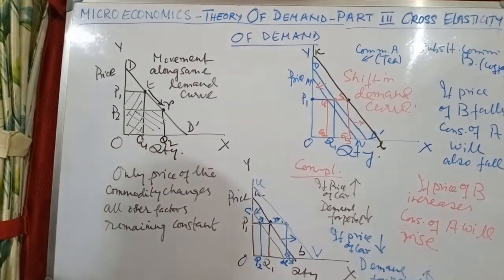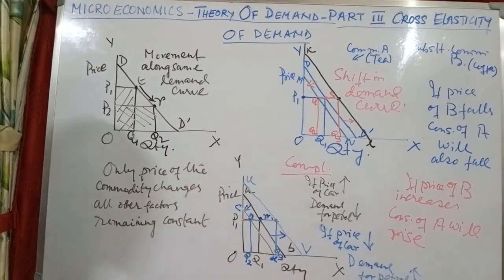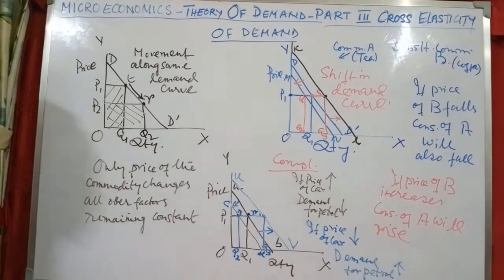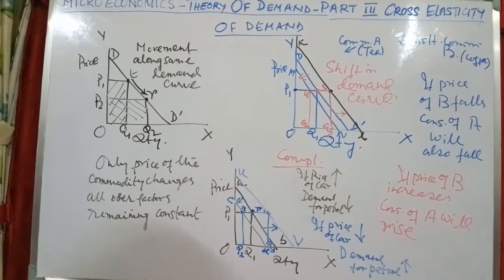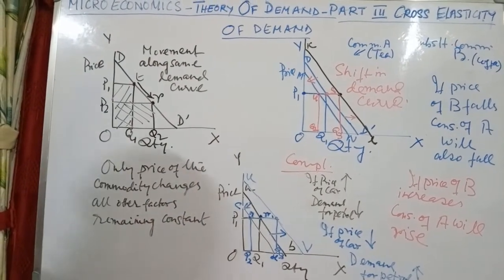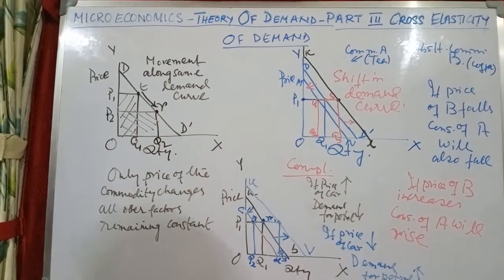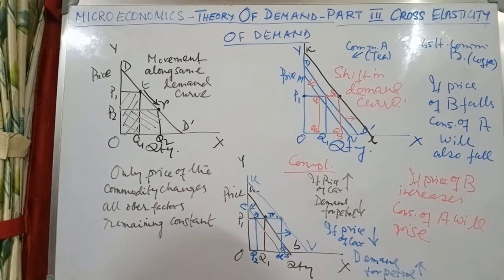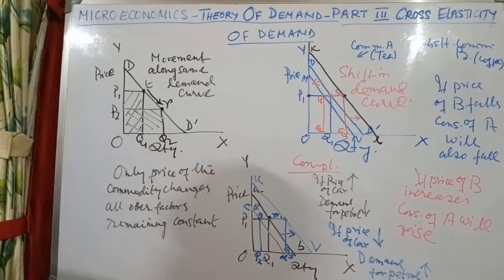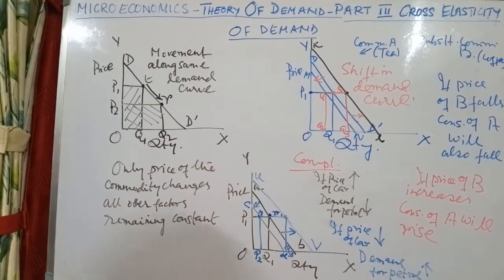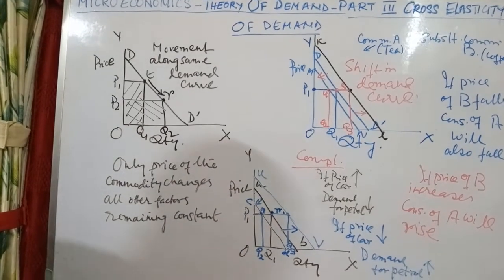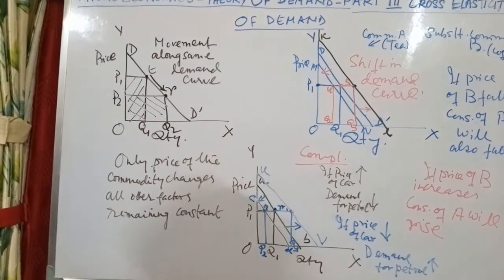And what is elasticity of substitution? This is proportionate change in ratio of the commodities consumed divided by proportionate change in marginal rate of substitution.